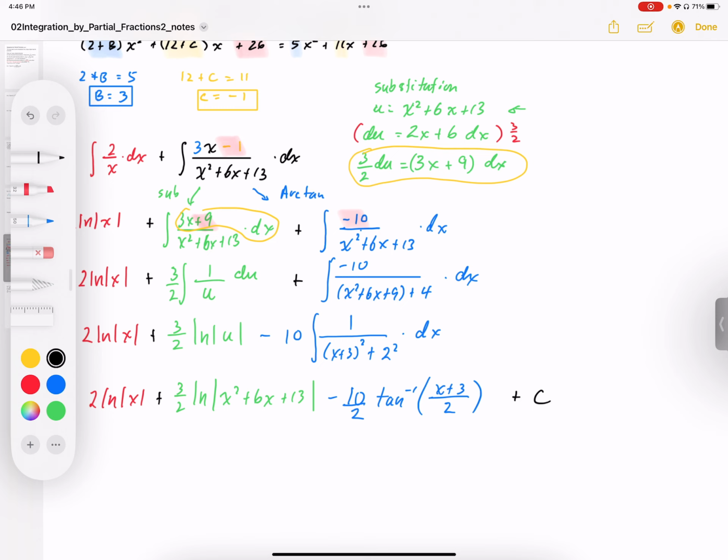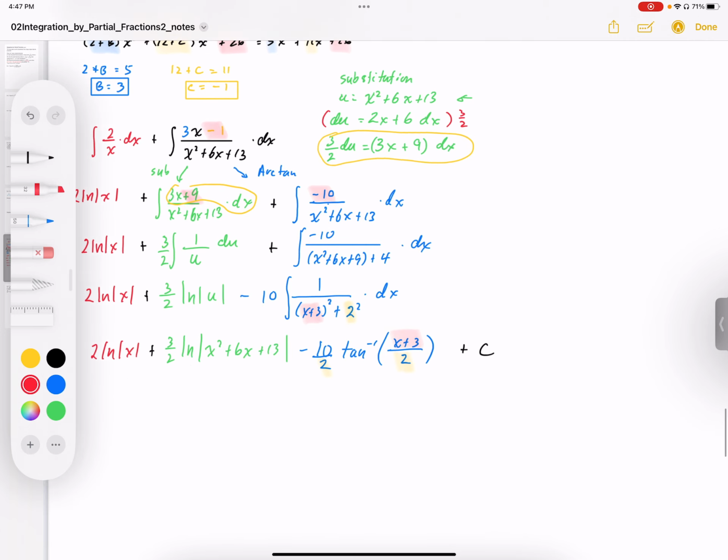Just so that you can see where these pieces are coming from, that 2 is going to be from here and here, and then that x plus 3 is the x in the formula. Okay, so there it is.